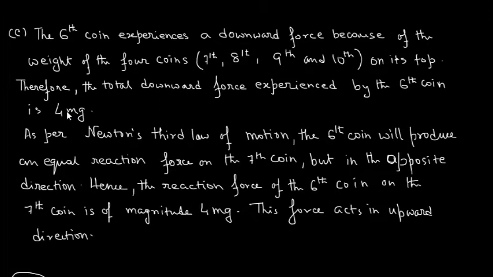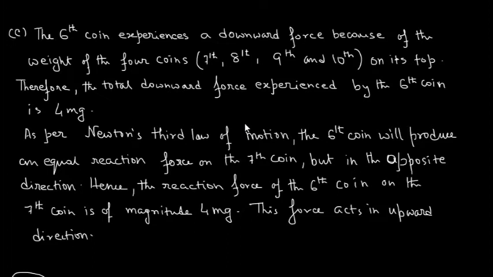The sixth coin experiences a downward force because of the weight of the 7th, 8th, 9th, and 10th coins on its top. Therefore, the total downward force experienced by the sixth coin is 4 mg.